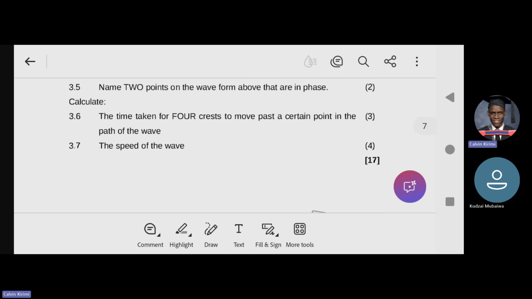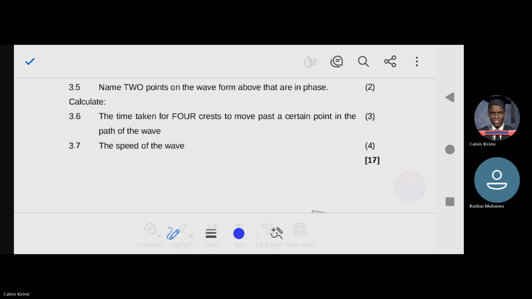Then what do we do now if T is equal to 1 over F? We substitute the letters with the numbers. Yes, let's substitute.